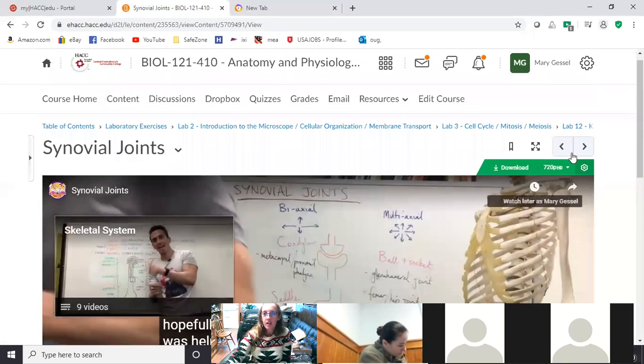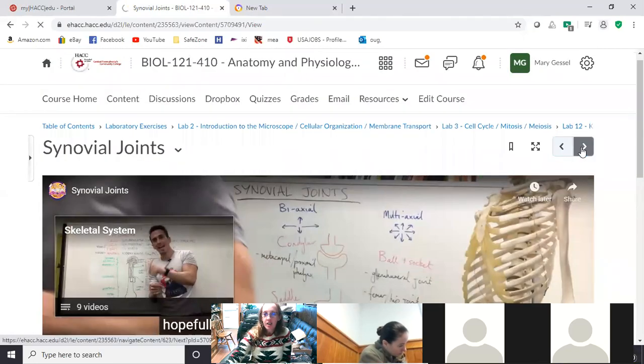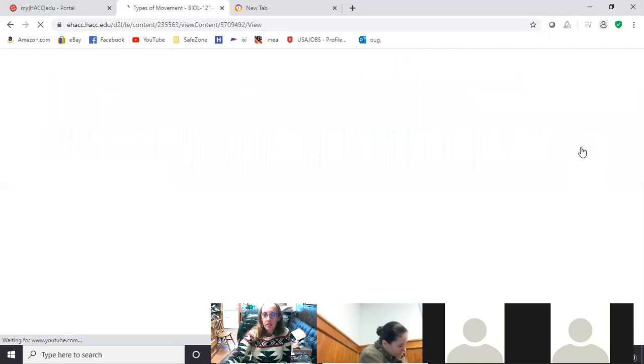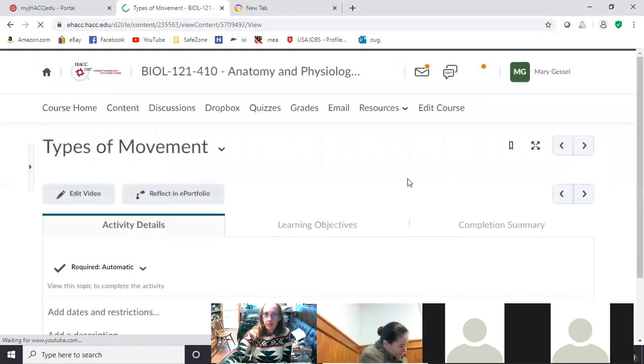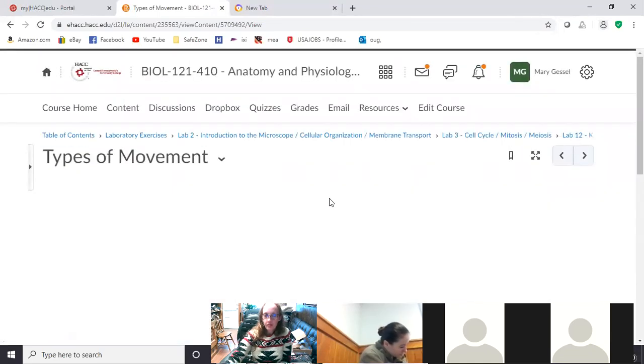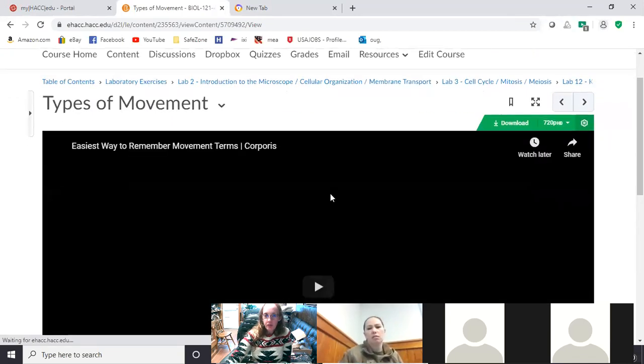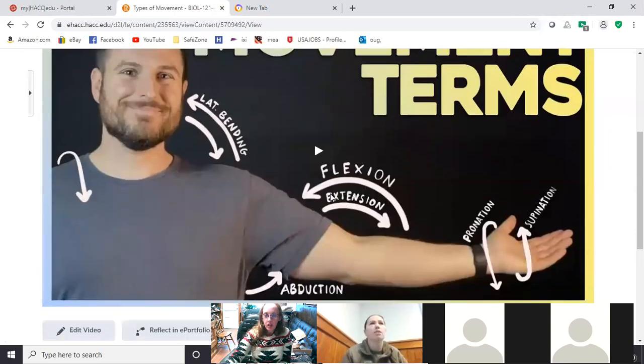Okay. So types of movement. Find out on the worksheet. I know it's on there.